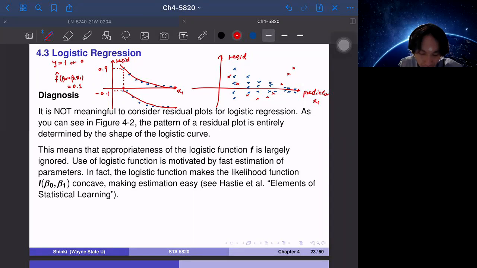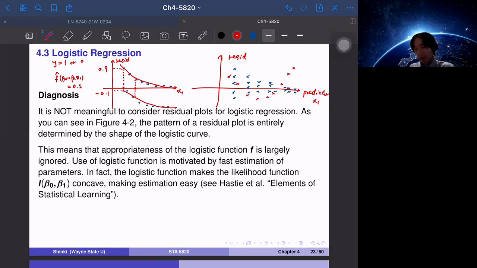And as the X1 value gets larger, the fitted value gets larger, then it becomes 0.5. Then the residual is either 0.5 or negative 0.5. So basically, residual plots only replicate the shape of the logistic curve, so it does not make much sense.